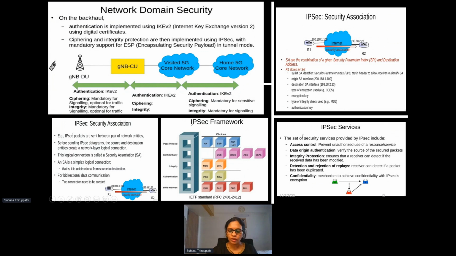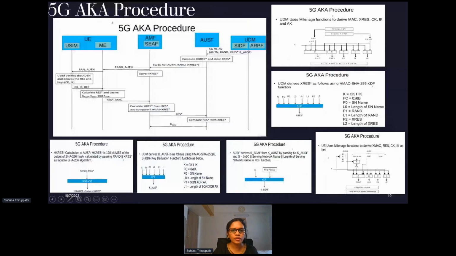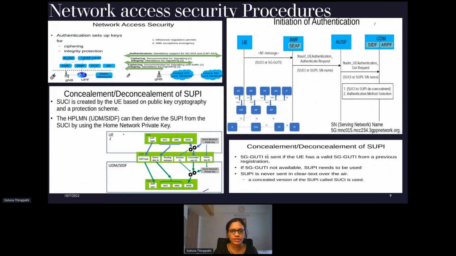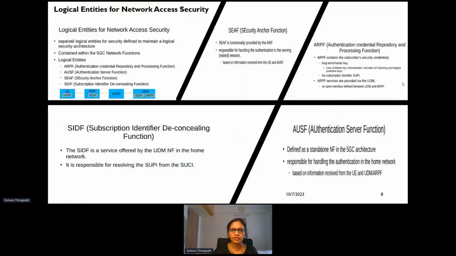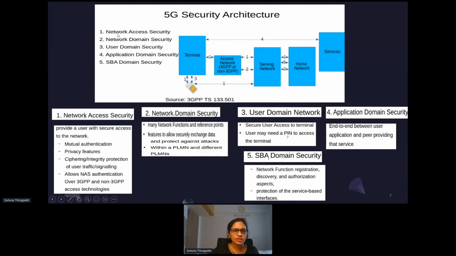So now we have seen how all the keys are being generated and how authentication is being done. This is what we have seen till now, how network access security is being done using the various keys and procedures. Now we will take a look at network domain security.